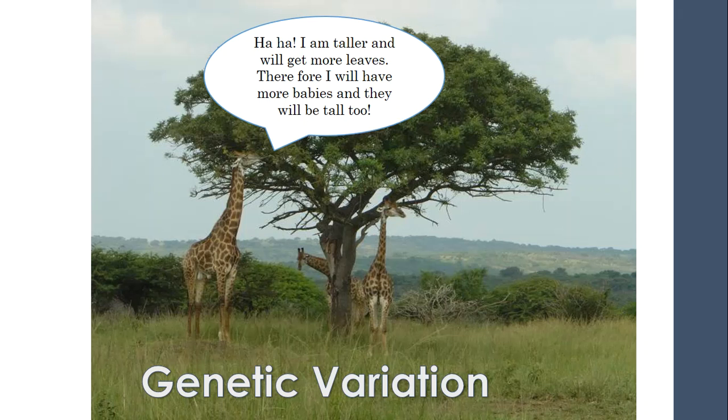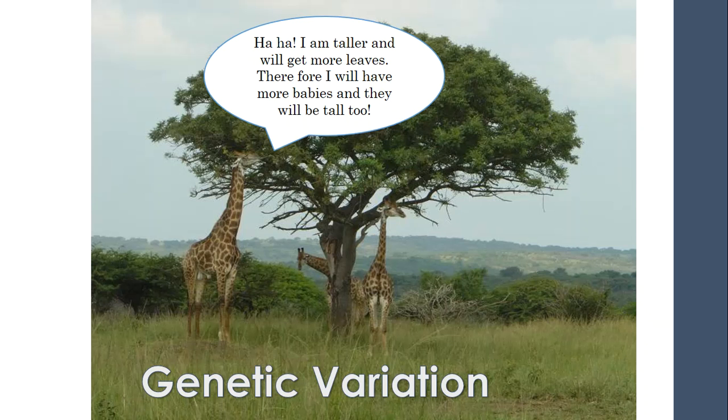Instead, what happens is in a given population of giraffes, when they were short-necked, some of them would have longer necks, right? Just like we have genetic variation in our population where some people are short, some people are tall. And so giraffes with longer necks had an advantage, and therefore they got more food, and therefore they had more babies, and they passed on their long necks. And then in the next generation, there are some that have longer necks than others.